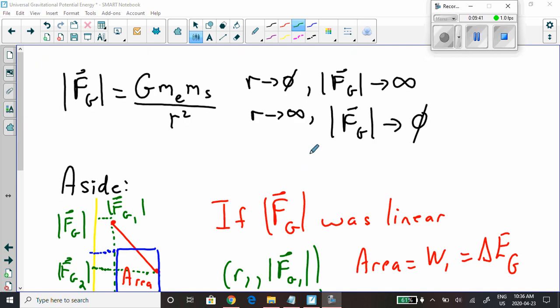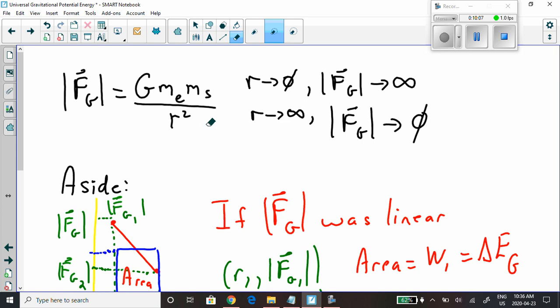Well, if we're going to find the work done by lifting an object to a higher orbit through a variable gravitational field, and therefore a changing gravitational force on that object as we lift it, we need to really become familiar with this function right here and look at its limits, which I think you may have started in calculus or some other math courses.